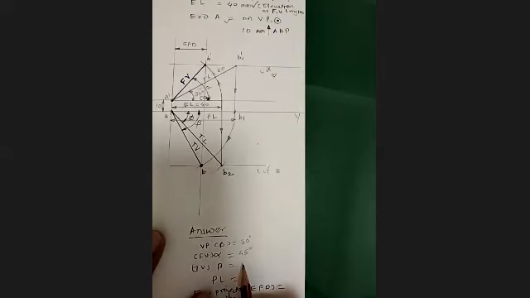Maybe 50 or something. Sir, beta 50, 57. No, I think not 57. Maybe 52, 53 something.